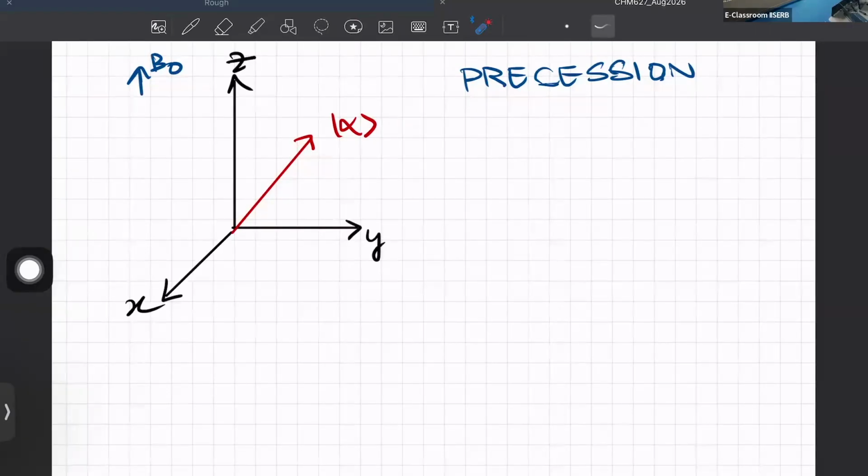Now, therefore, if you take an ensemble of spins, each spin precesses. And the precession frequency is what we would like to look at. Interestingly, the precession frequency is the same, gamma h cross B naught.